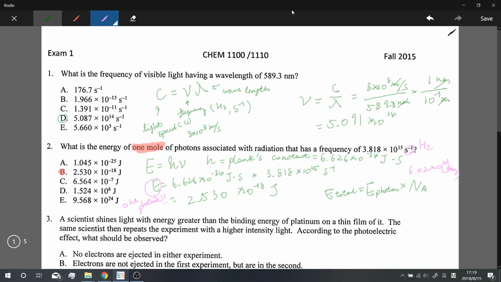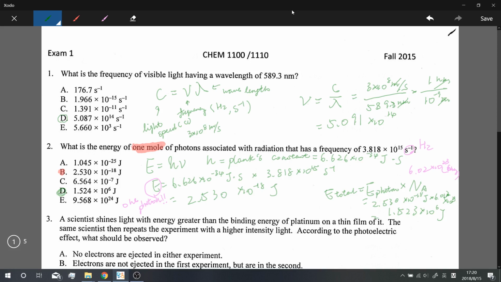So this will give us 2.530 times 10 to the negative 18 joules times 6.022 times 10 to the 23, which will give us 1.523 times 10 to the 6 joules. So that gives us the answer D, which is the correct answer.